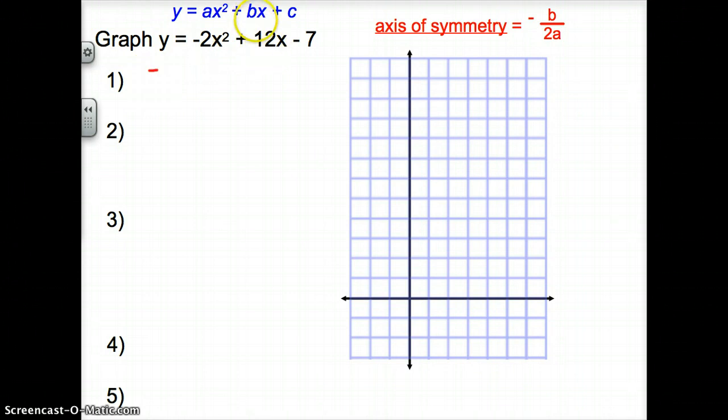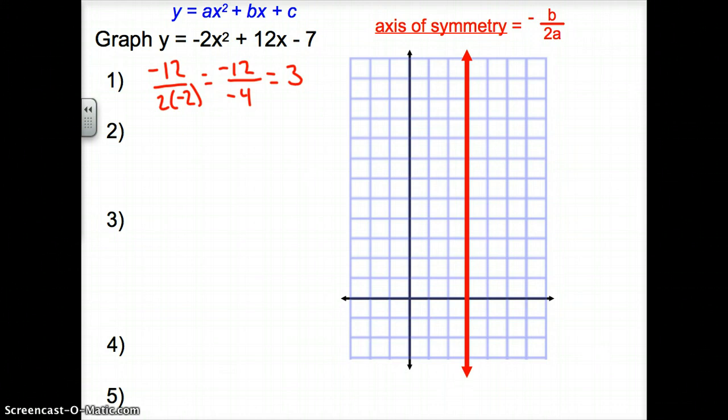My 12 matches up with my b, so my b has to be 12 over 2 times a, which is -2. So I have -12 over -4, which simplifies to be 3. So now I know that my axis of symmetry is 3. So I'm going to go ahead and plot my axis of symmetry by this red line.